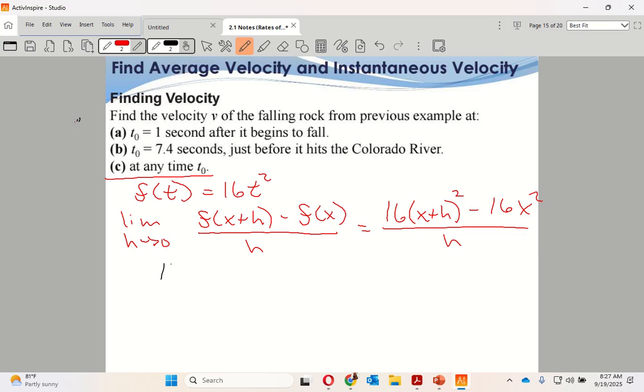I get 16 times the quantity x squared plus 2xh plus h squared, minus 16x squared, all over h.